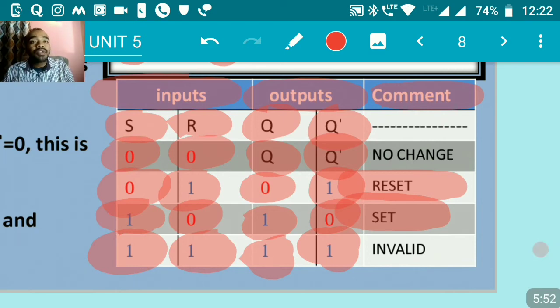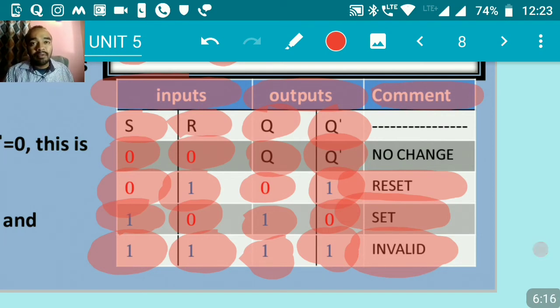If Q is equal to 0, Q bar must be 1. Understood? So as both cannot become 1, what happens? This state of the flip-flop is what we are going to call the invalid state. This is not a valid state of your flip-flop, and that is your truth table of the SR flip-flop.